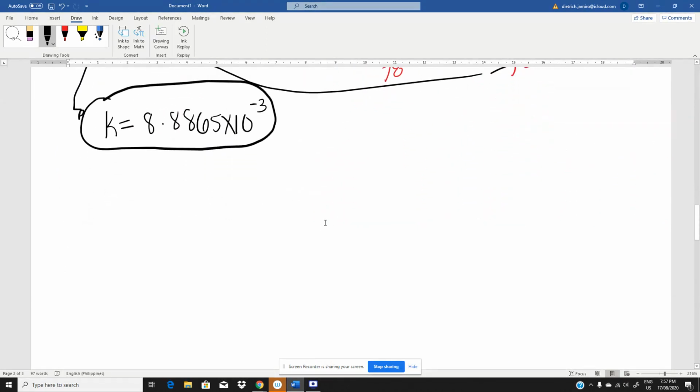So solving this, we have 10% less. We will have P equal to 100 grams minus 10 grams, because we are given that we should solve for 10% less. So P is equivalent to 90 grams.